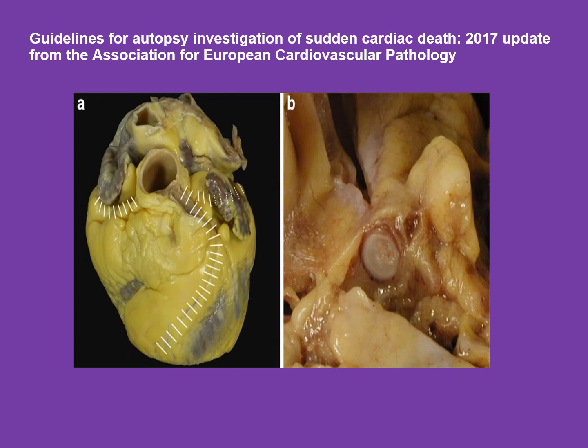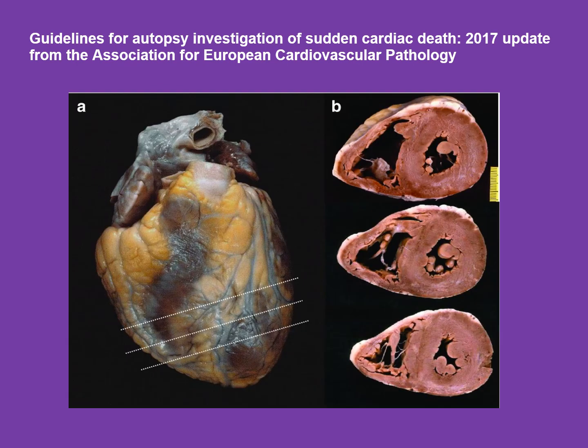The link for this article is written in the succeeding slides. So once the coronary arteries are dissected and sliced through, you can do the bread loafing of the heart, and you can now demonstrate the extent of the MI through this method of heart dissection.